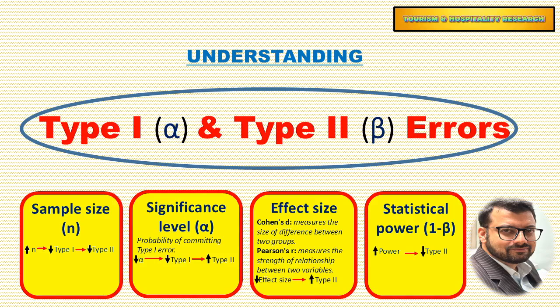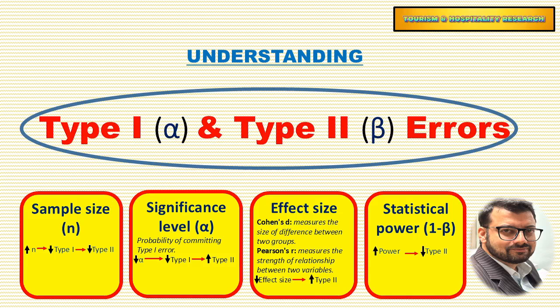When you input these three things, after selecting the type of test, a t-test or an f-test, then you have to specify these three thresholds: significance level, effect size, and statistical power. It will give you the sample size, a priori sample size.